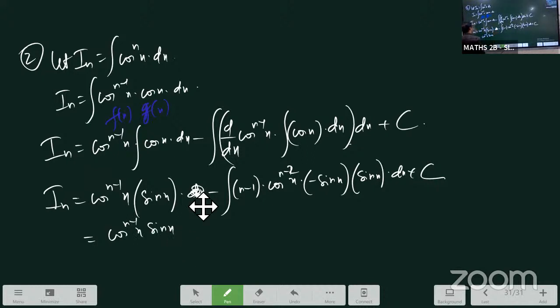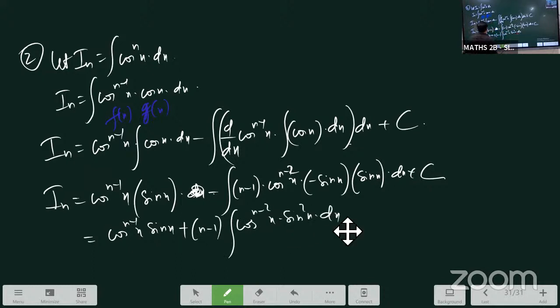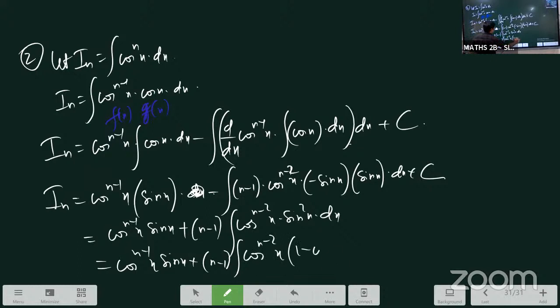Already I did integration. Minus this minus and this minus is plus, right? N minus 1 outside, cos to the power n minus 2 x into sin square x dx. Now that is nothing but cos to the power n minus 1 x sin x plus n minus 1 integration of cos to the power n minus 2 x. You write this as 1 minus cos square x dx. Is it clear?